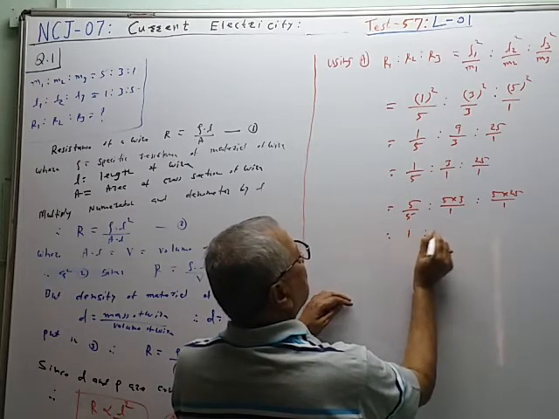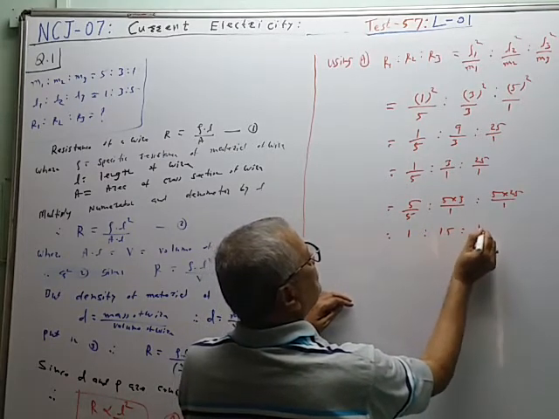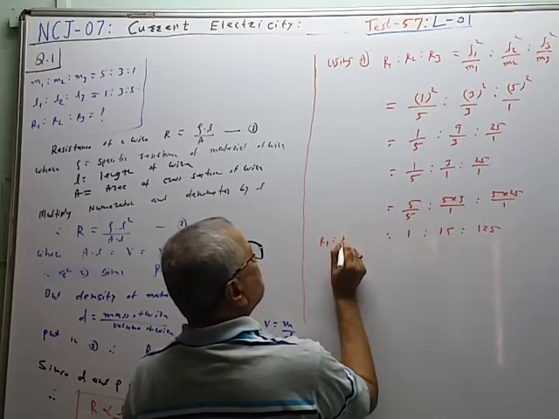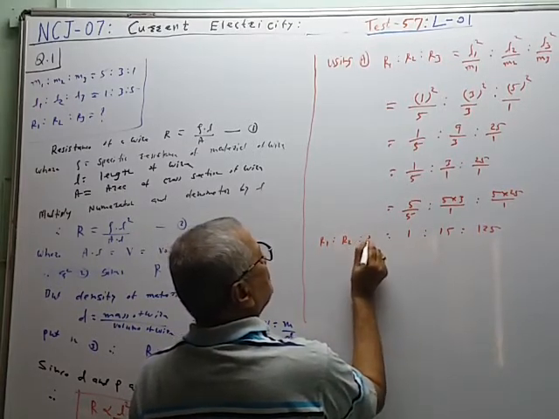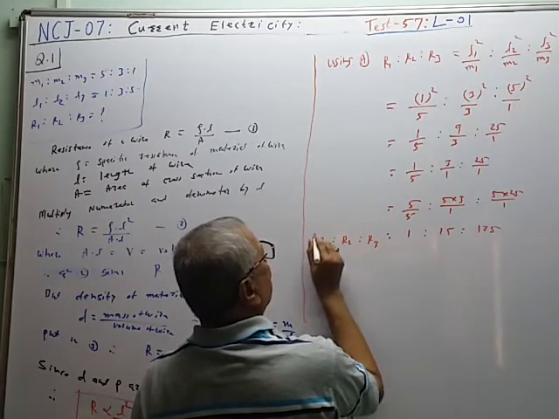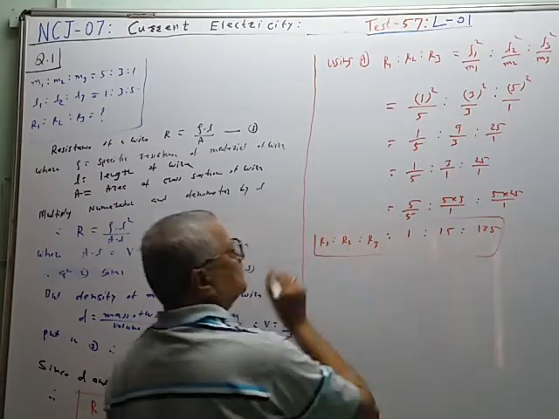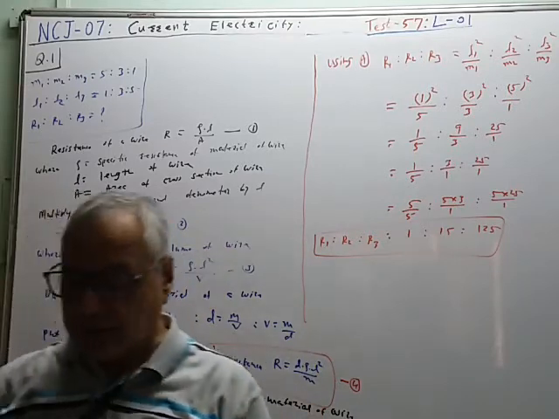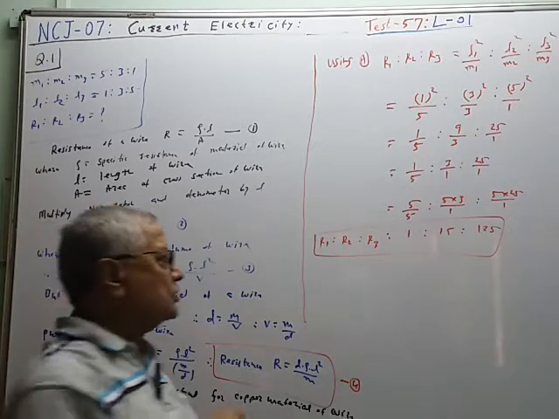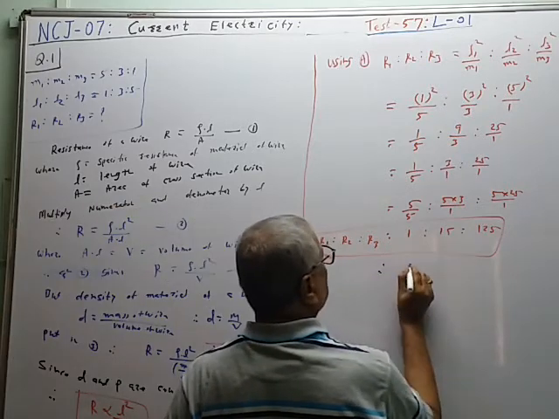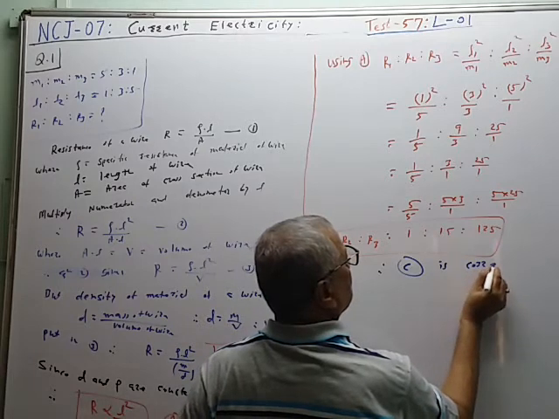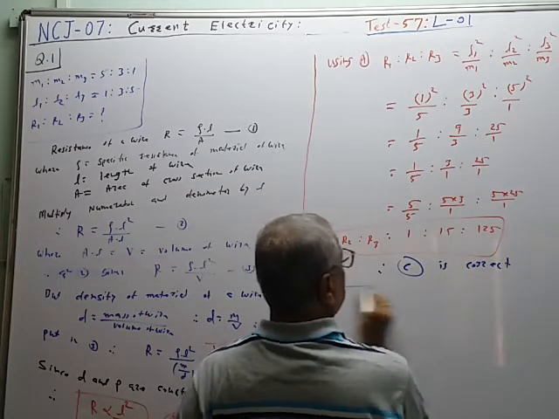This is equal to 1 : 15 : 125. So the resistances are in the ratio 1 : 15 : 125. So this is the correct ratio, and therefore the correct choice is C. C is correct.